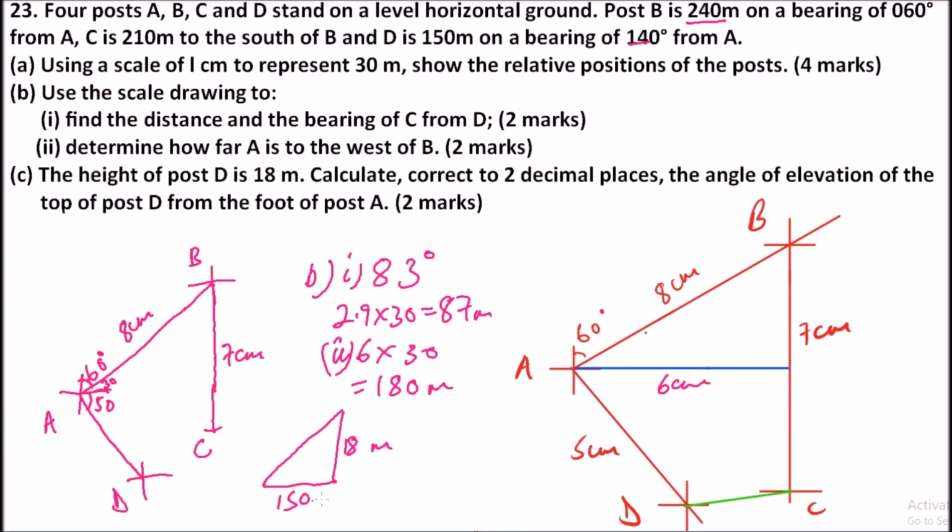So we want to get that angle of elevation theta. So we can say tan theta is equal to 18 divided by 150, which is giving us 0.12, implying that theta is equal to tan inverse of 0.12, and we are getting 6.84 degrees. So that's how you work out that question, and you earn yourself 10 marks.